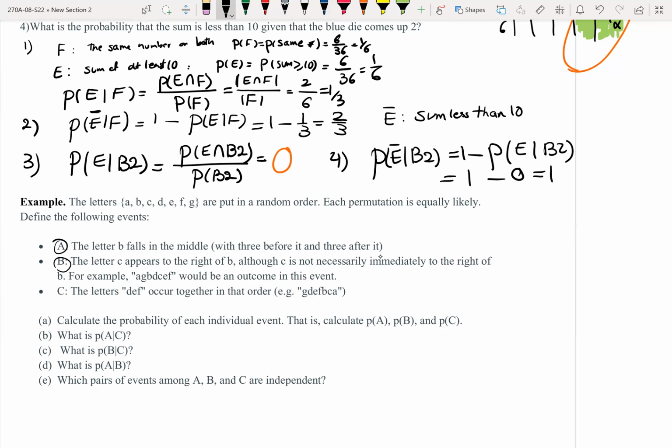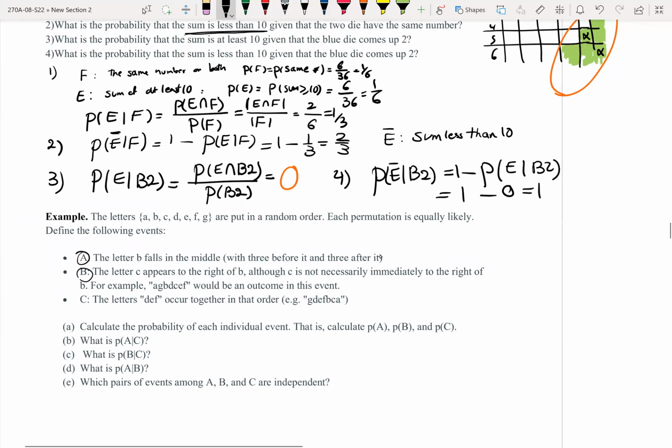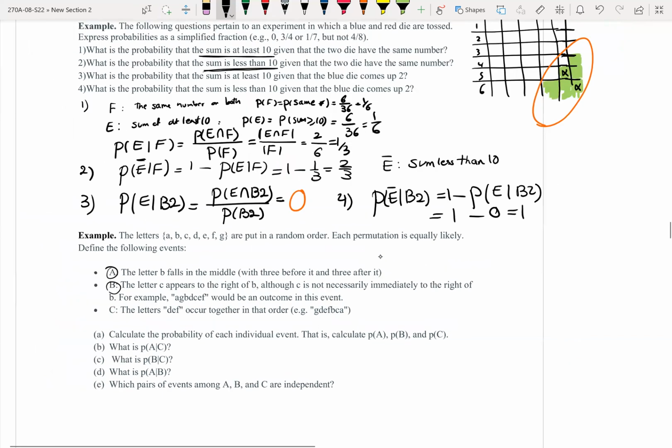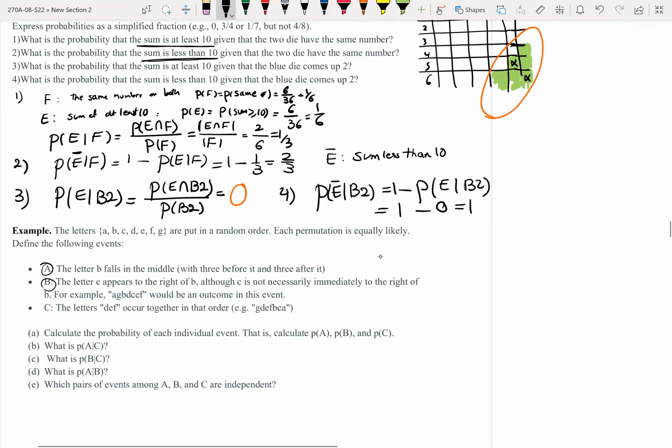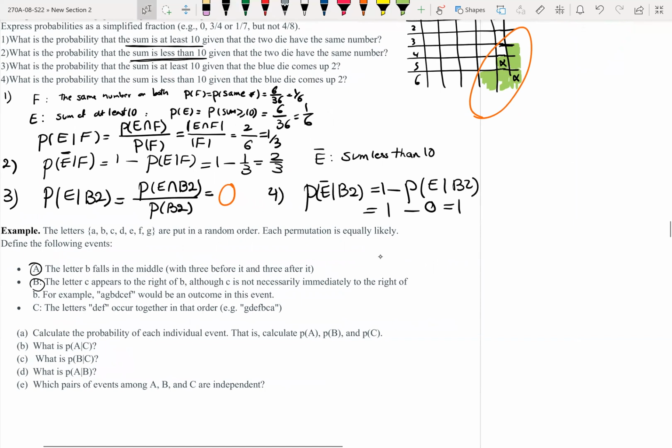Okay, first, can we have the probability of each of A, B and C? What is the probability of A? What do you think?